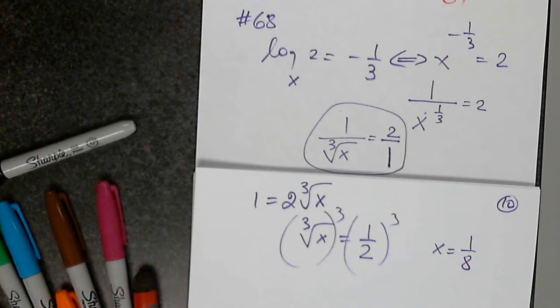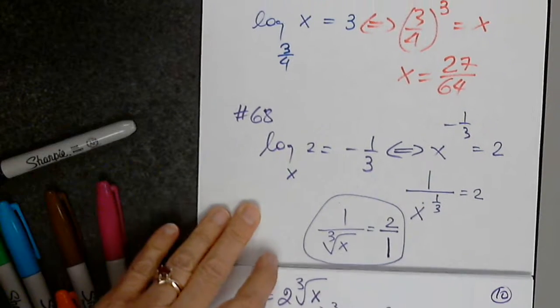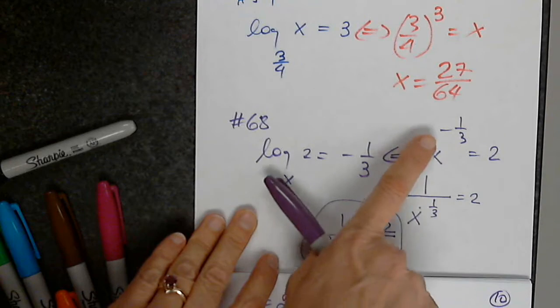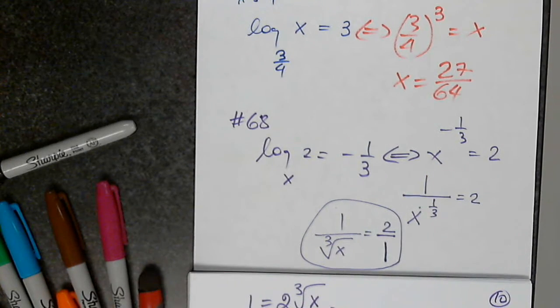And you can say, wait a minute, you have to go back and check because you raised both sides to the third power. True, but it's power 3 and it will work. So you can go back and replace in here 1/8. We can do this quickly with a graphing calculator. We will get to that. So here's how I do it. In parentheses, 1 divided by 8, and the power in parentheses, -1/3.